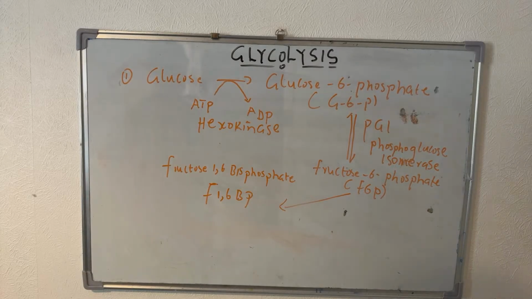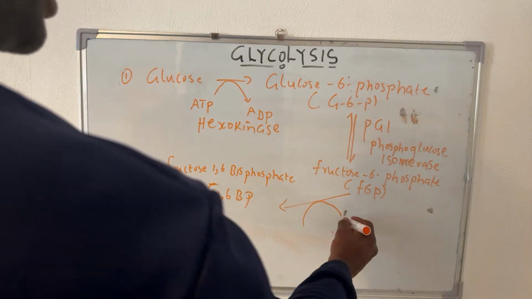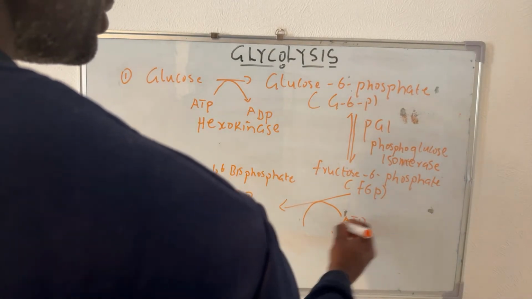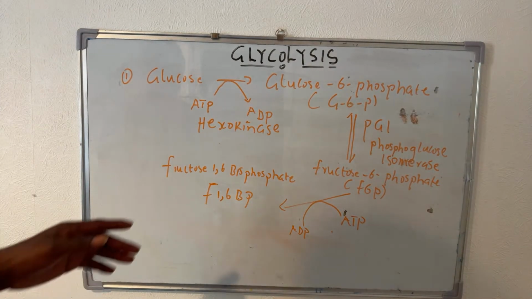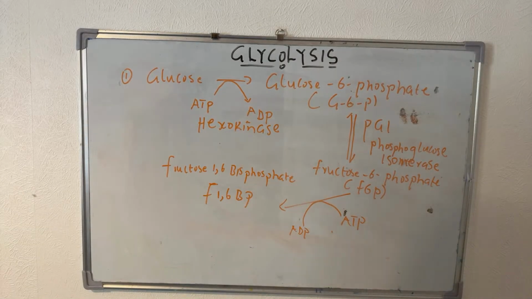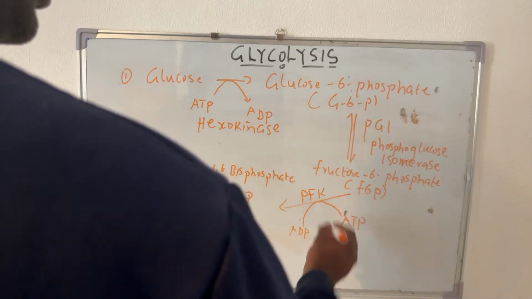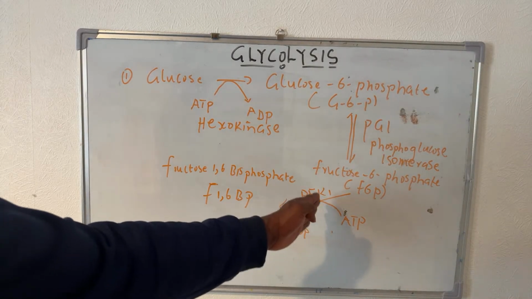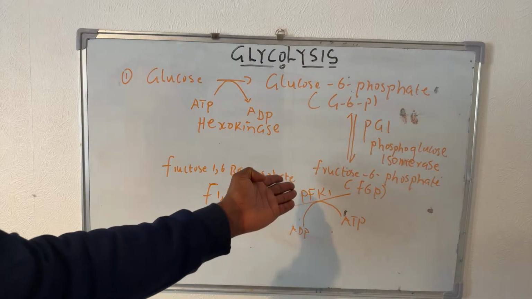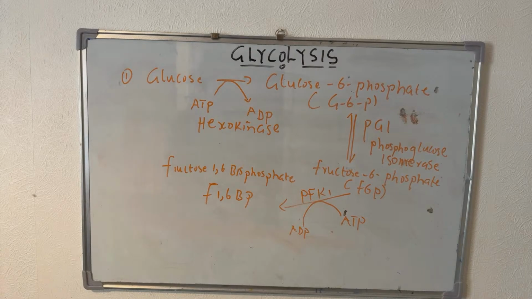And the enzyme that does that, this is the second part where ATP will be used to form ADP, is PFK or PFK1, which is phosphofructokinase 1, or 6-phosphofructo-1-kinase, depending. It is essentially talking about the same thing.